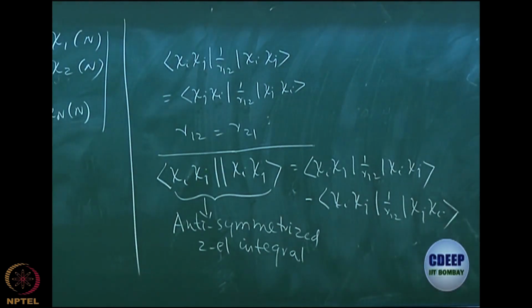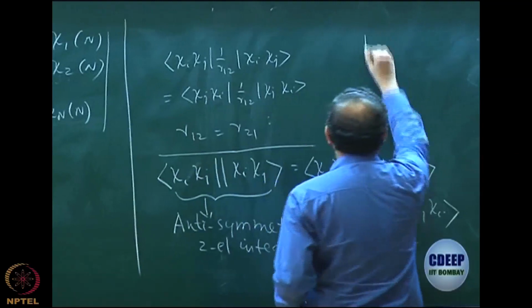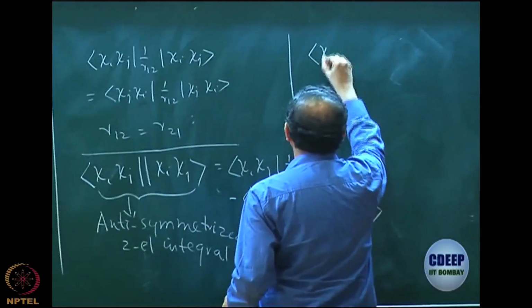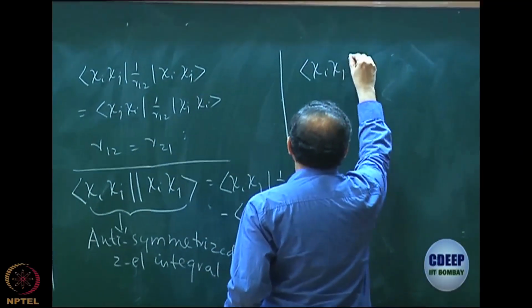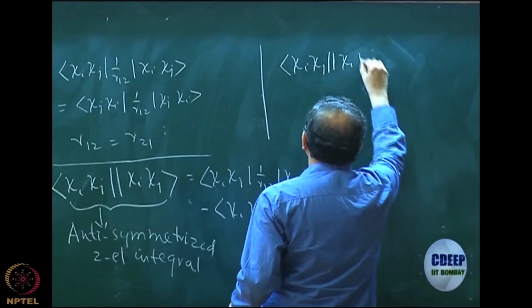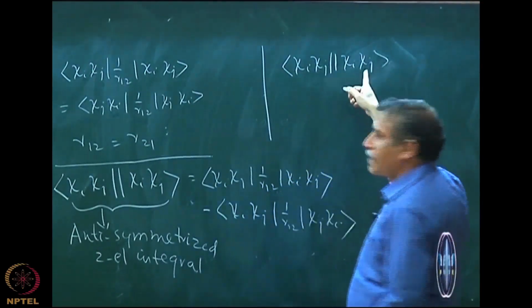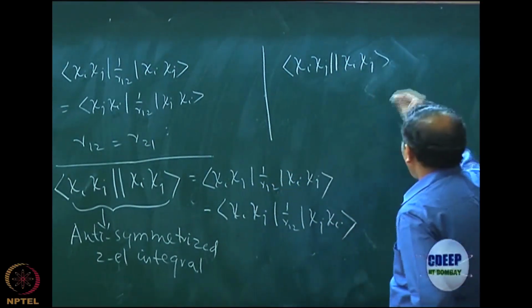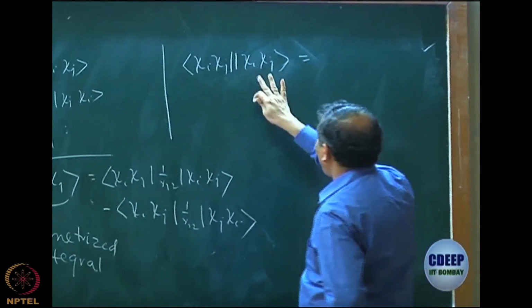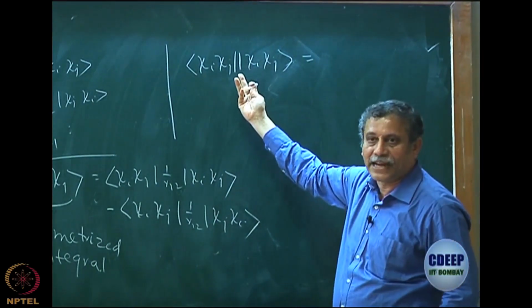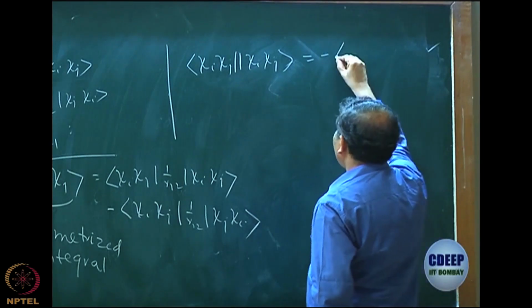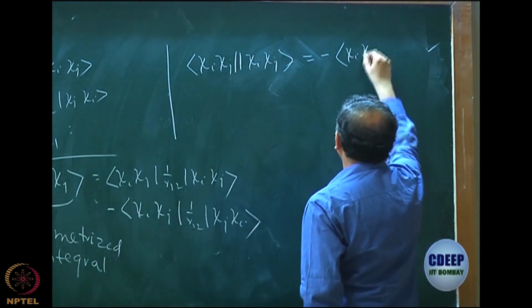Okay. So, this anti-symmetry essentially means that if I take this double bar integral, which is Coulomb minus exchange, and then interchange only one side of it, the right hand side, this will actually become negative of itself.